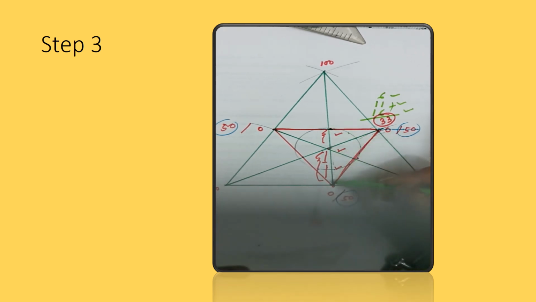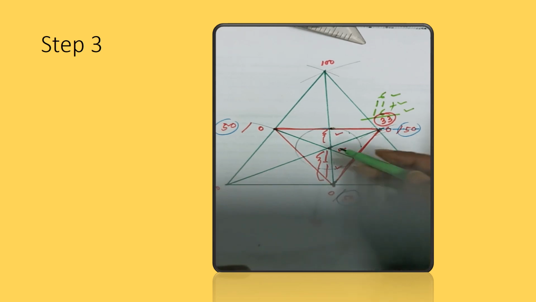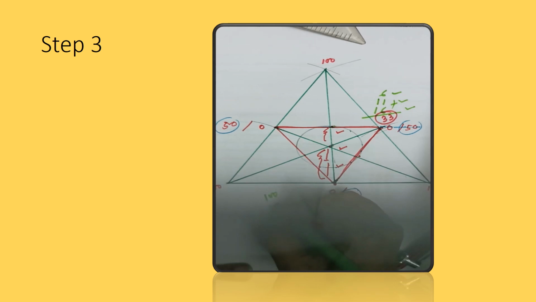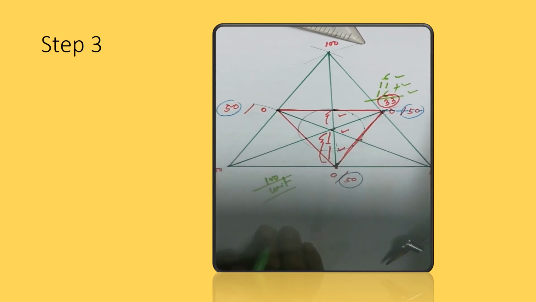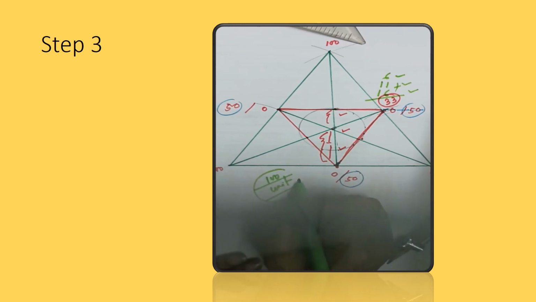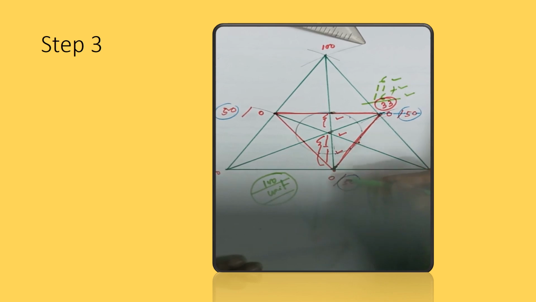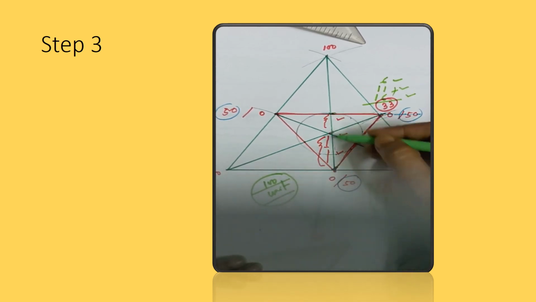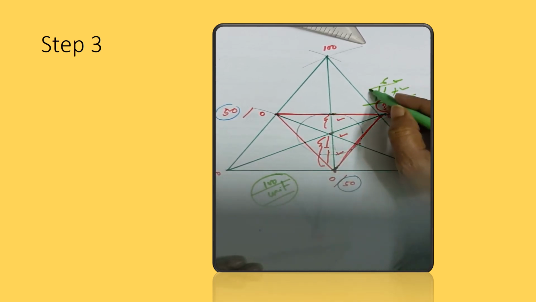If this linear distance is considered as 100%, 100 units according to scale, we are all familiar that the ternary diagram always calculates all these things in 100 units. Then we have to plot the 100 units linear distance according to scale. What will be the 6 units, what will be the 11 units, what will be the 16 units?